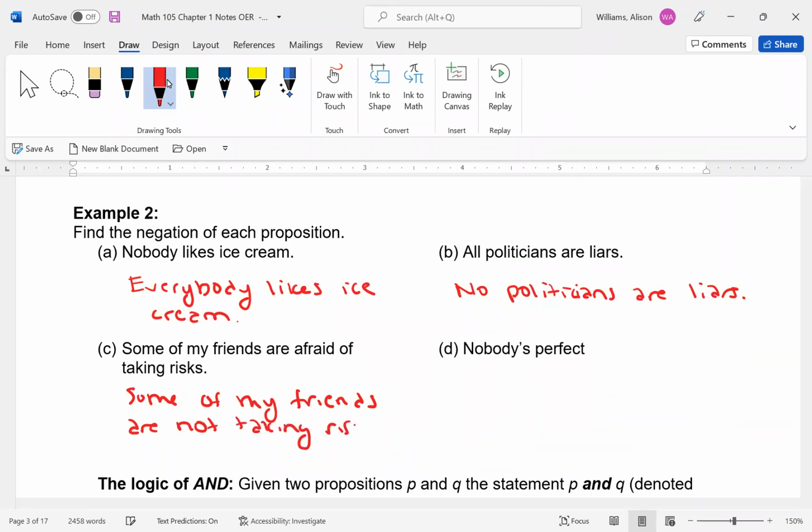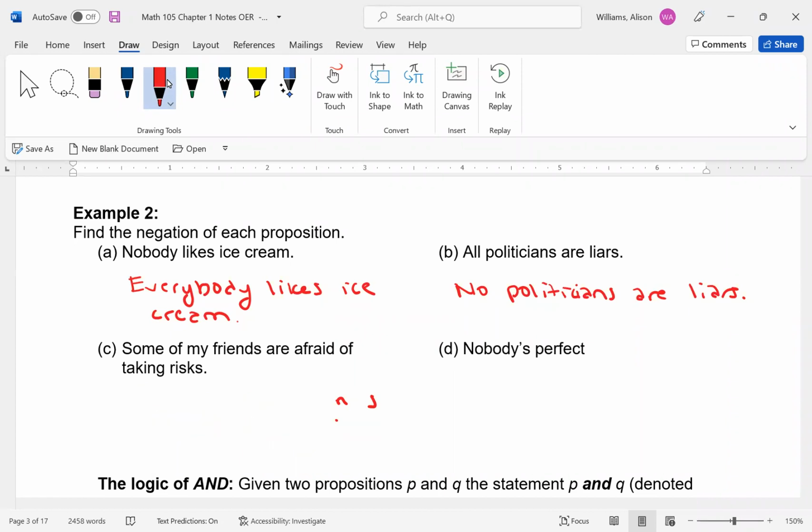That does become difficult because that's not really a negation, right? If you're saying that some of your friends are taking risks, to say some of my friends are not taking risks is not really a negation of that statement. It's the opposite truth, the other part of the statement. So to actually negate it, you would have to contradict the statement that's there. So I'm going to redo this one.